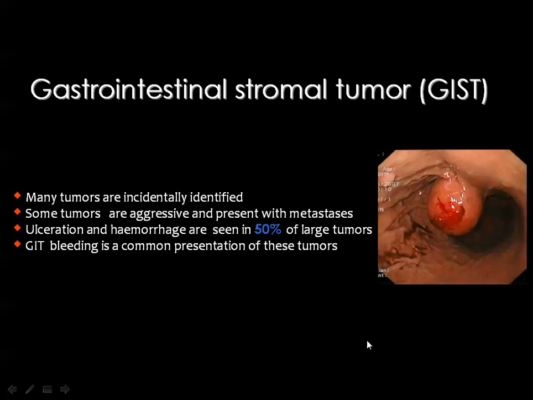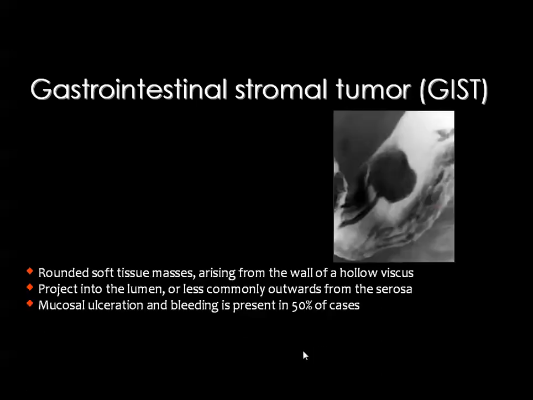Ulcers and hemorrhage are common in these tumors, especially the larger tumors, and the reported incidence is about 50% of large GIST tumors may show ulceration and hemorrhage. And in this situation, GIT bleeding will be one of the common presentations.